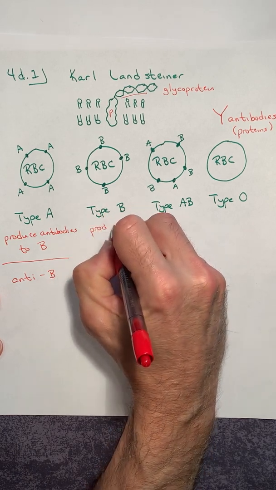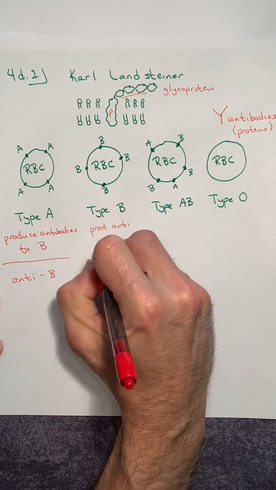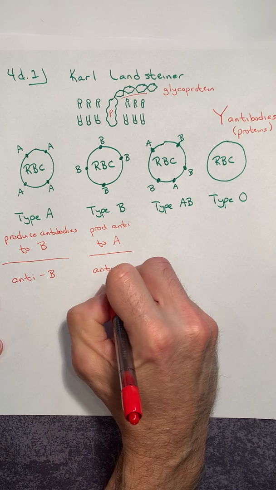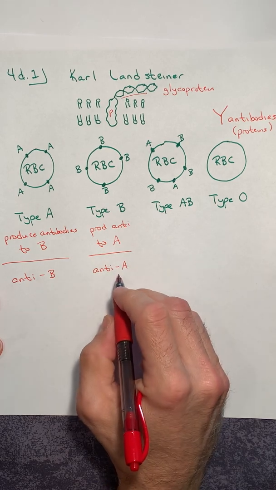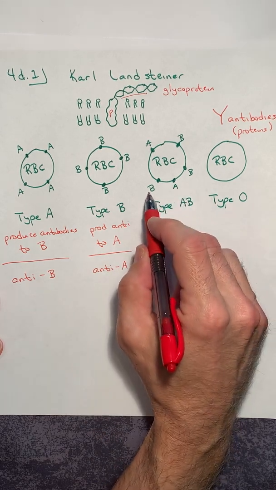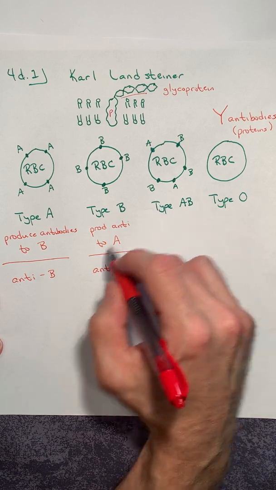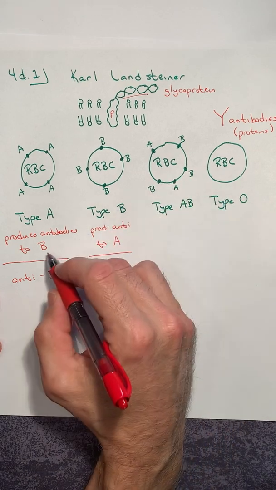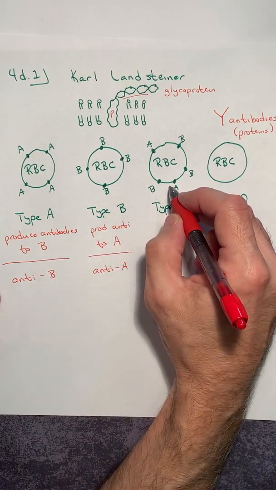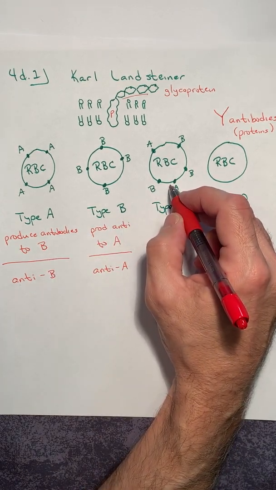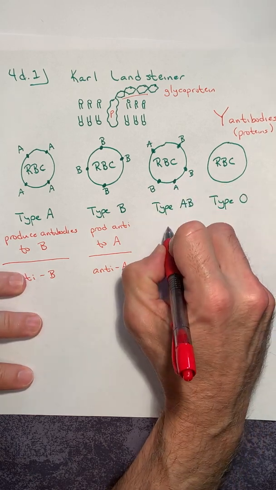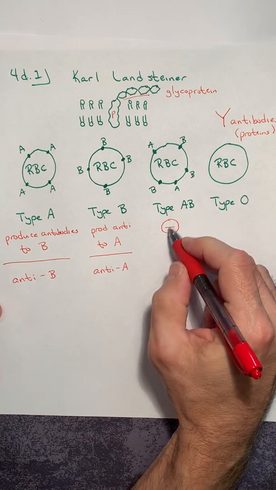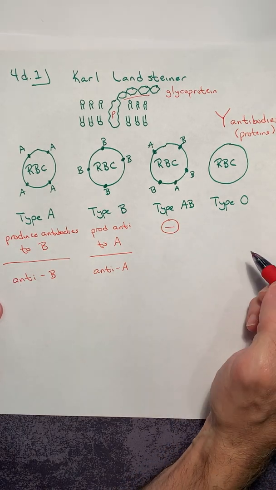That means that you produce antibodies to A. Thus, we say that you produce anti-A. Well, if you have type AB blood, you can't produce anti-A, or the antibodies will make your own blood clot. You can't produce anti-B, or you will clot your own blood, and you will have what we call an autoimmune disorder. So while you produce hundreds of thousands of other antibodies, you don't produce anti-A or anti-B.